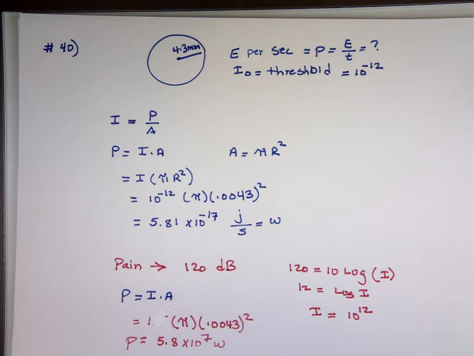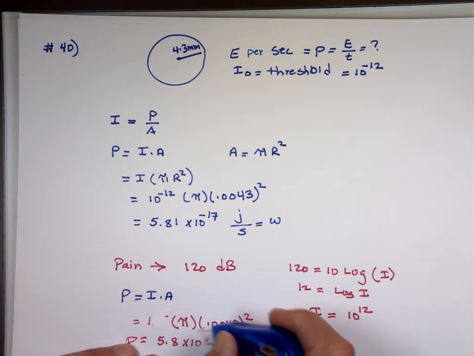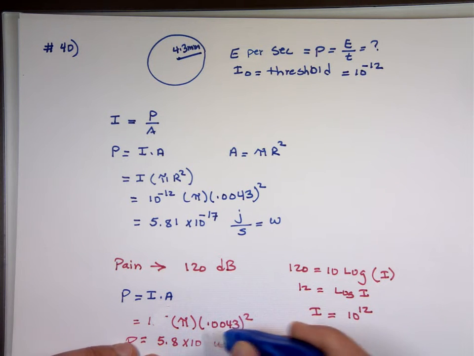Pi times 0.0043 squared gives 5.8 times 10 to the negative 5. A lot of times in physics books they use the threshold of pain as I equals 1, not the 120.